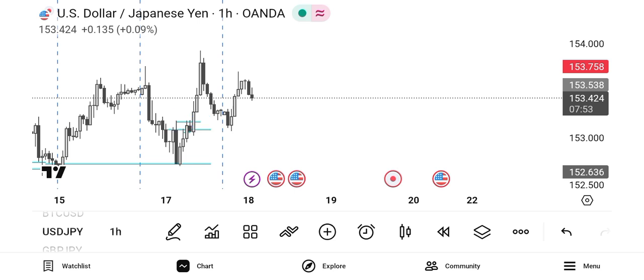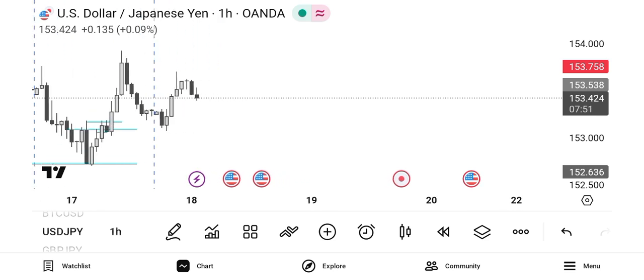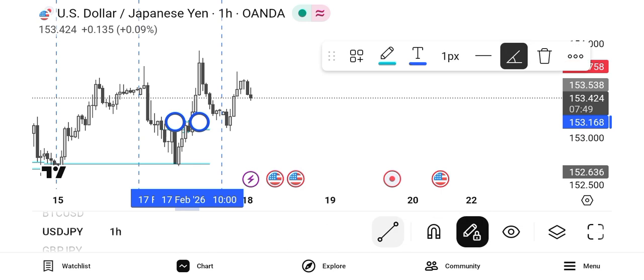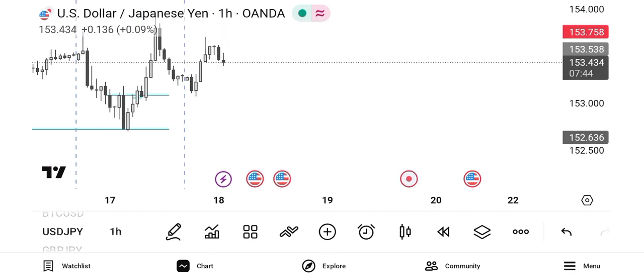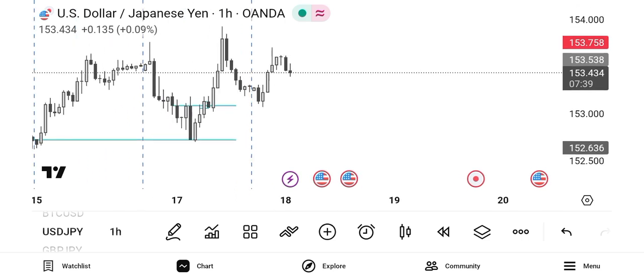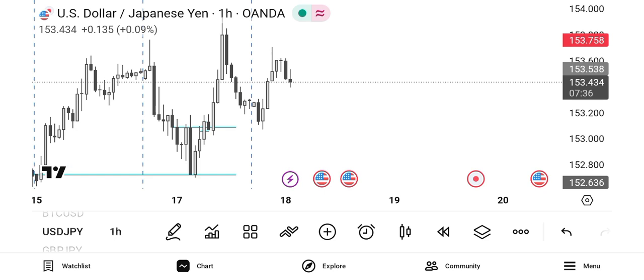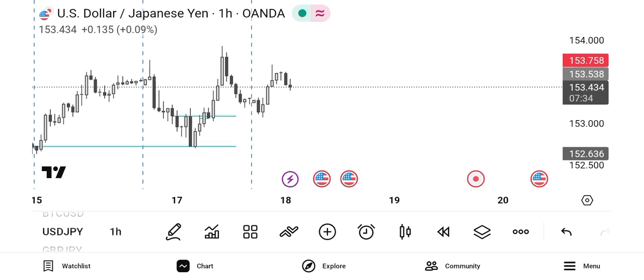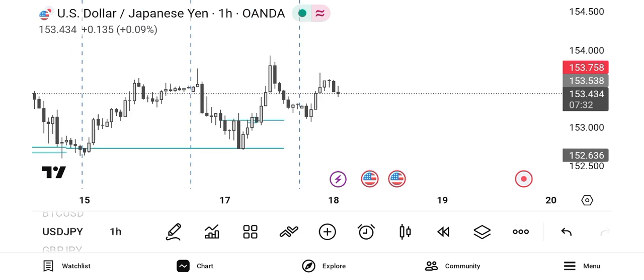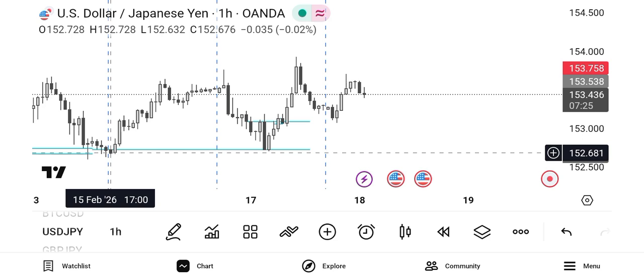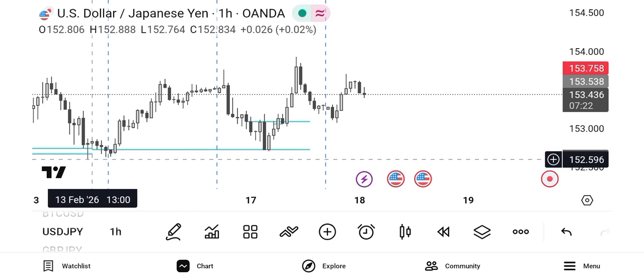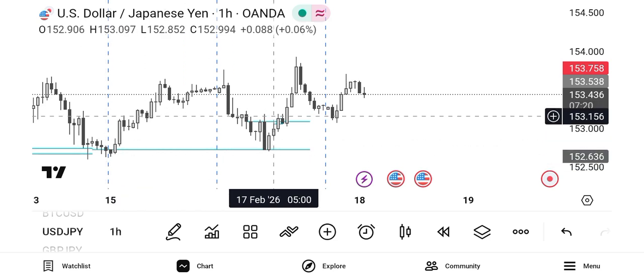But no, that's why we use the line chart. So after that, our entry was on this 1 hour order block, and it was also supported by the fact that it hit the 1 hour order block and the rejection block down here. This was the actual entry, then this was a re-entry.